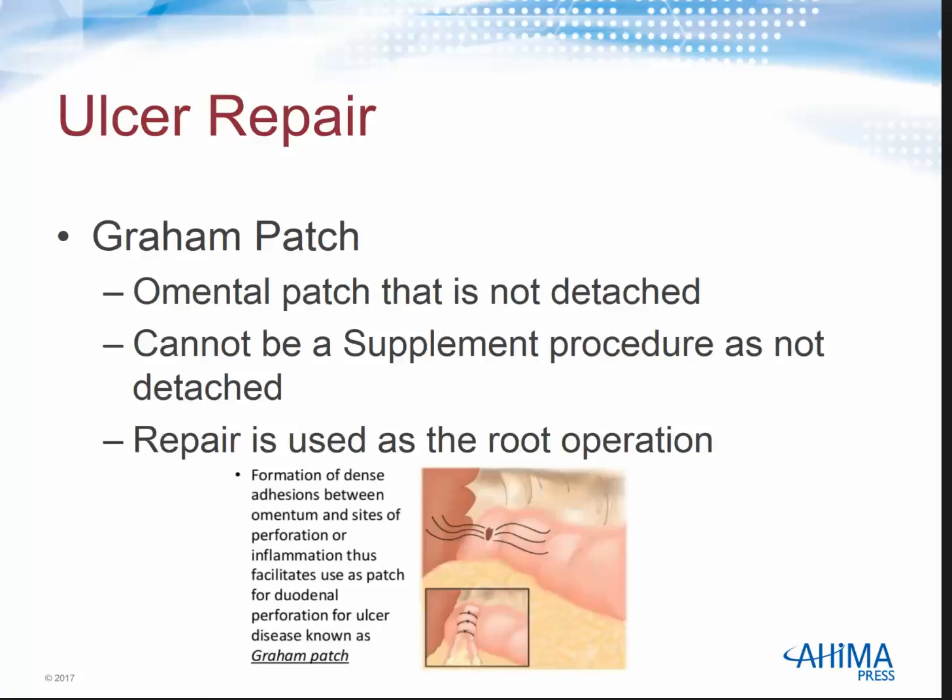So with a Graham patch, the surgeon uses an omentum patch to repair a peptic ulcer. The omentum, the piece of tissue he's using to facilitate this patch, is not disconnected. It is pulled up to cover and overlap, so to speak, the perforated ulcer location.